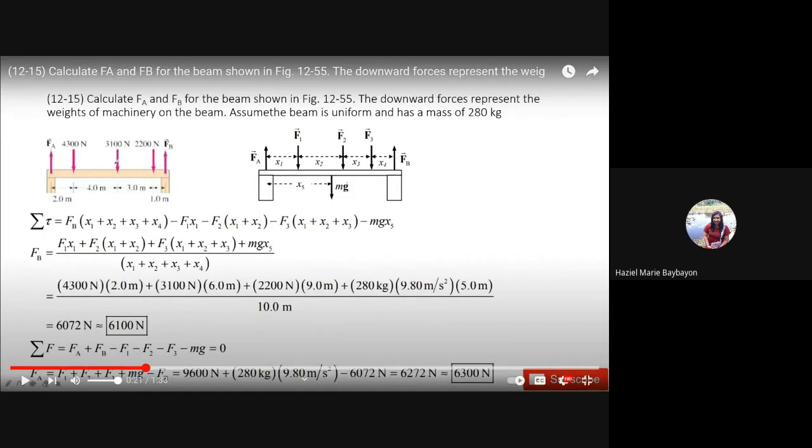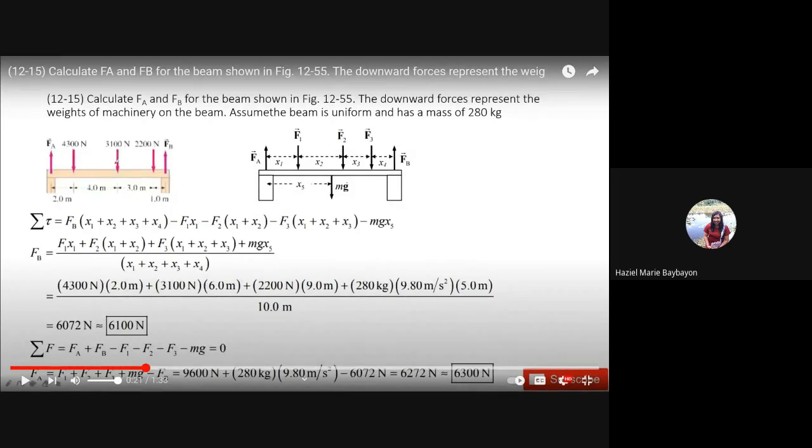Okay? So, equating this to 0, torque 2 becomes positive, I move them to the other side, so they all become positive. 4,000 times 2, that is 8,000. Plus 3,000 times 6, 6 times 3, 18, 18,000.